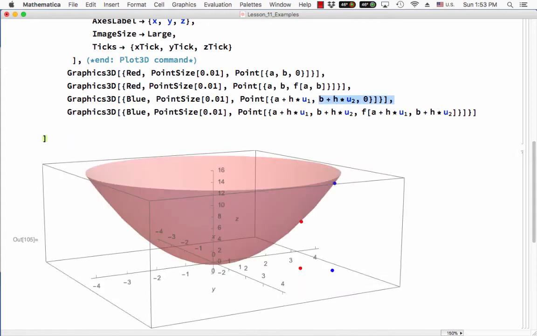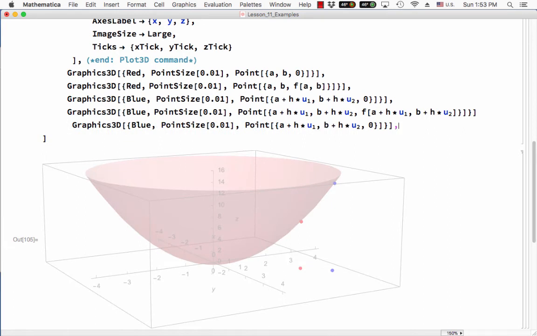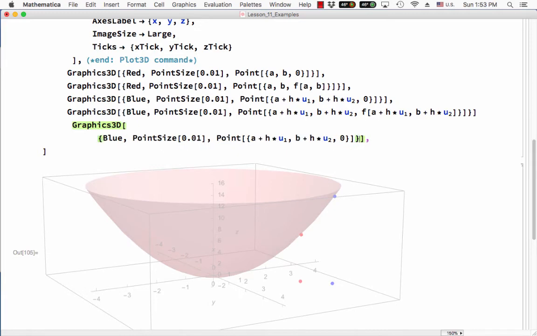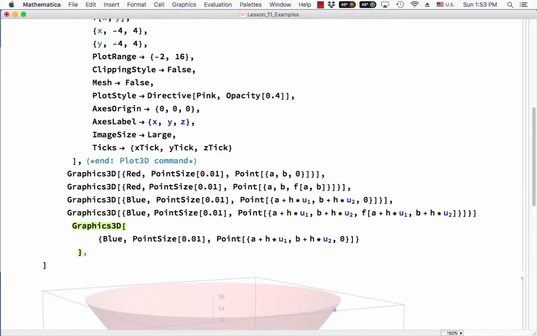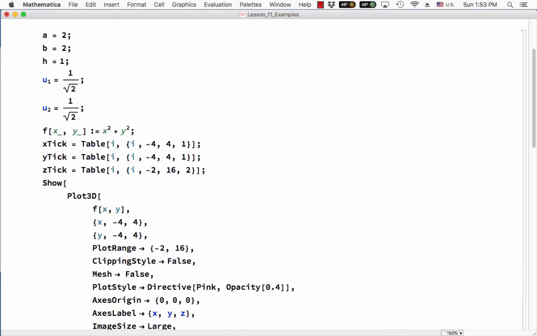Now what we're going to do is visualize a line. So let's take the line in the domain space. This one's going to be a little bit more interesting, because I need to do a line, so let's go ahead and define this. So here we go.